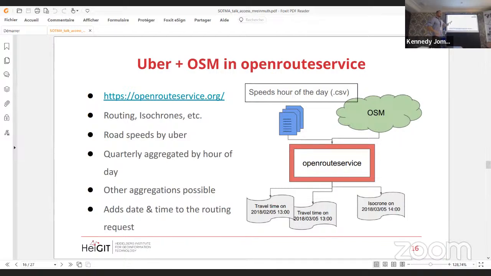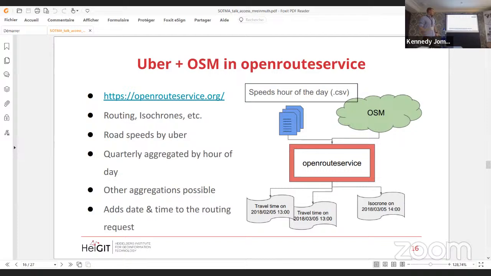And then you're already able to use it. Normally you would do a route from A to B, Mbamboko to Yaoundé, but in the morning at 7. And then you would get more precise temporal information on how that trip would change given the traffic at that time on a certain road segment.